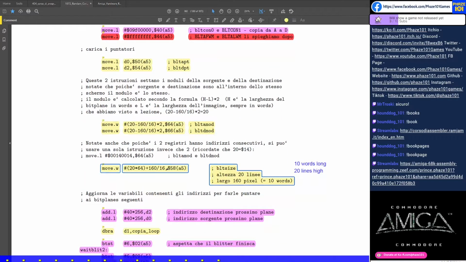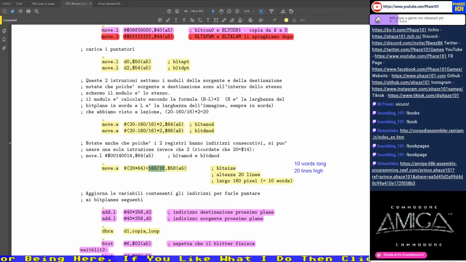After that, we do our blit size. As you can see, we have a height of 20, and we use 160 divided by 16 so that we know how much we are copying to the screen.